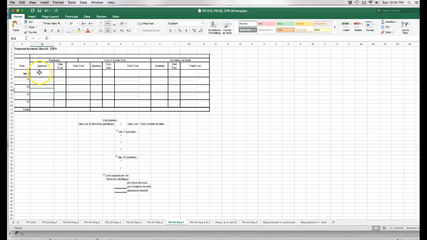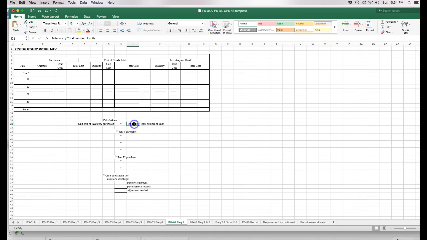But I do want to point out something very important in the January 7th purchase. It says that they purchased 80 units of software inventory on account for 1,680 plus freight in. So what you're going to have to do is calculate what the unit cost is, and you do that down here for the January 7th purchase. And you do that by taking the total cost divided by the total number of units.